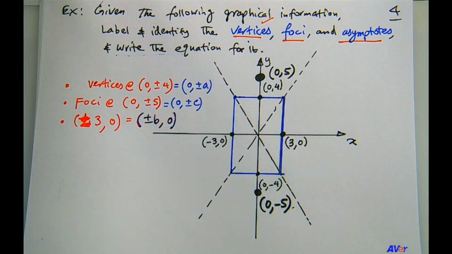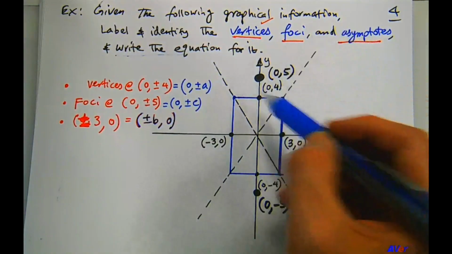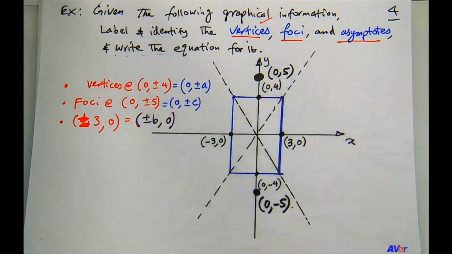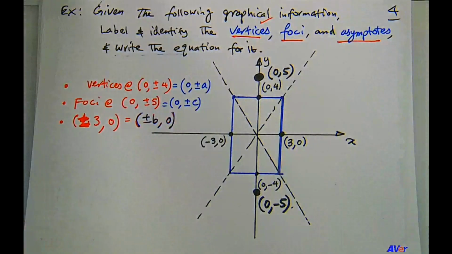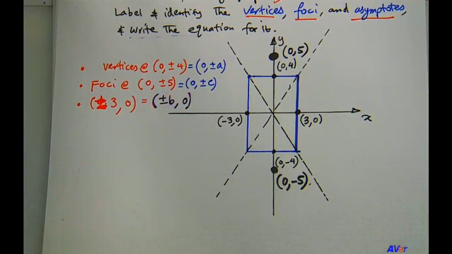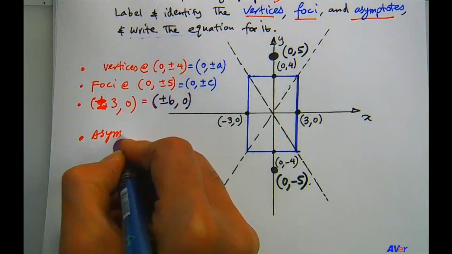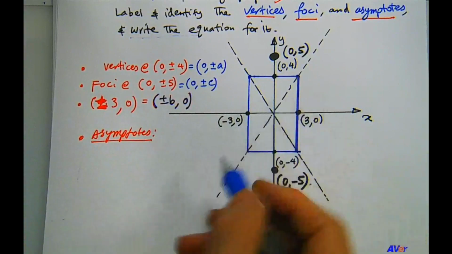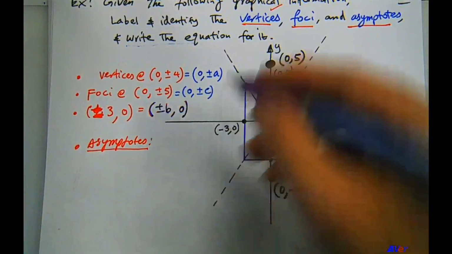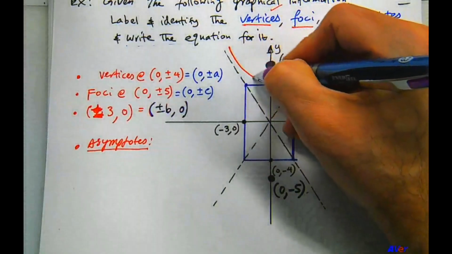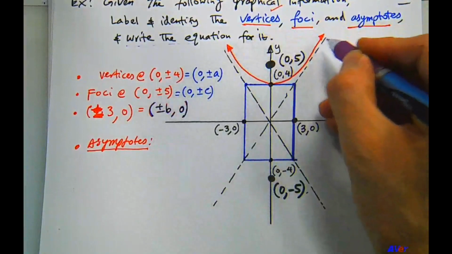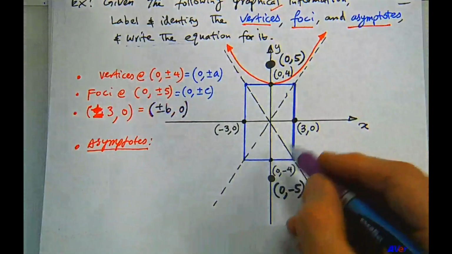And for the asymptotes, this is going to be a vertical hyperbola, right? Let me actually draw it so it's more clear. This is the hyperbola going like that. The second piece is going to go like this.